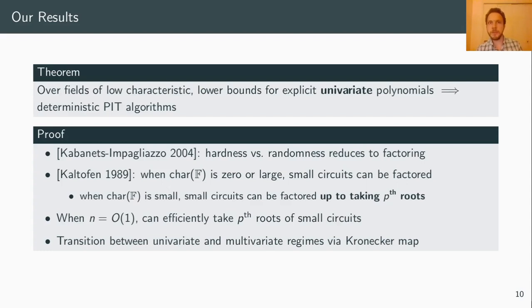And this is going to be the so-called Kronecker map, if you're familiar with this sort of thing. So for the rest of the talk, I want to zoom in on these last two bullet points. I want to talk about how we can efficiently take pth roots of small circuits, and I want to briefly describe to you how the univariate and multivariate regimes relate to one another.